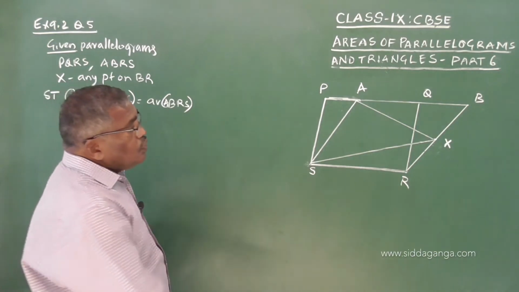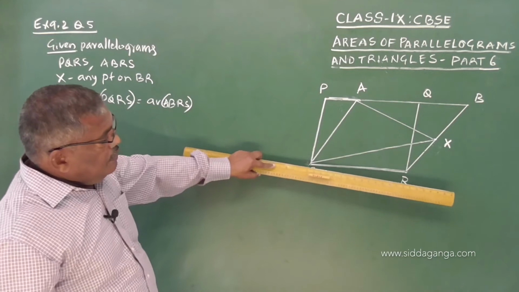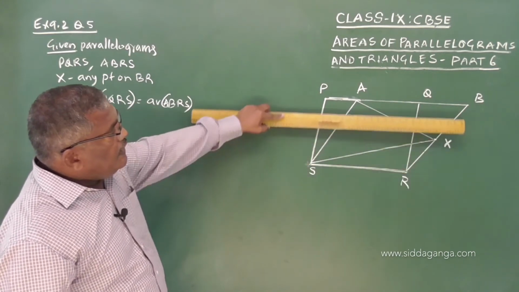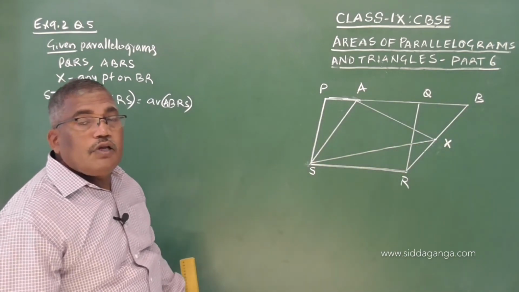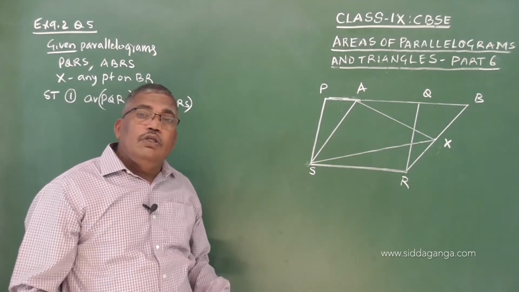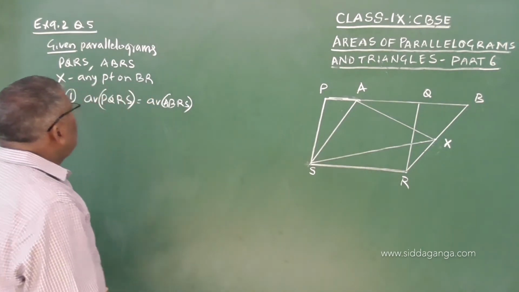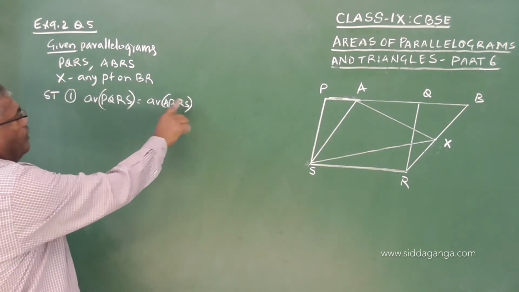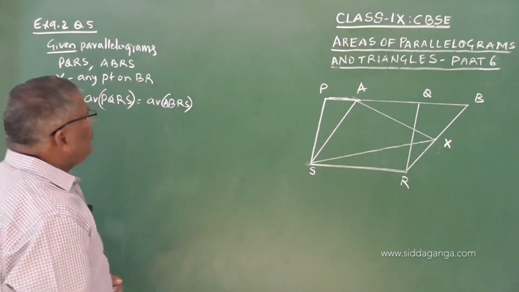And those two parallelograms are between two parallel lines SR and PB. So, therefore, we can definitely say those two parallelograms are equal in area. So, only we have to give the explanation for this equation. Nothing else to be proved.